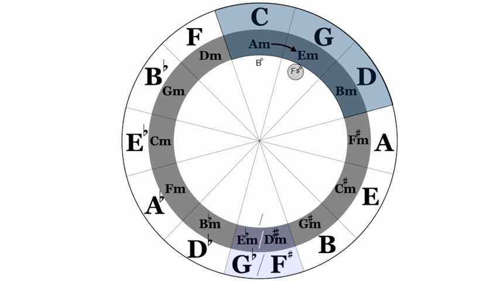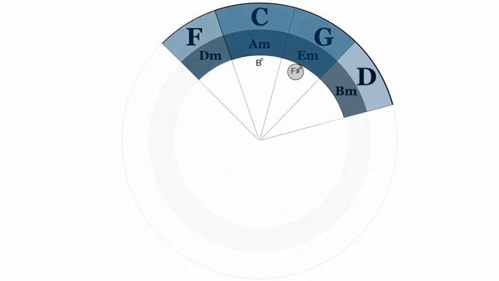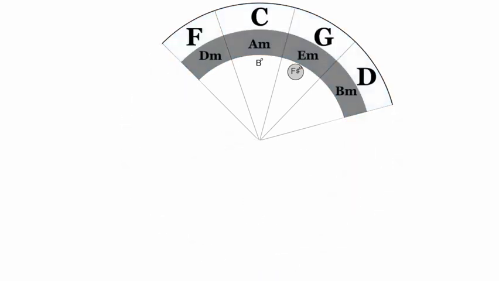We have to pay attention to this. So let's focus in on our circle of fifths for a minute. Once again, when we hear that F sharp diminished, it naturally wants to go back to E minor. But we now have to say, I know you've heard F sharp diminished, but we need to keep you in A minor. And again, the E minor is the dominant, so we have to pay attention to that.